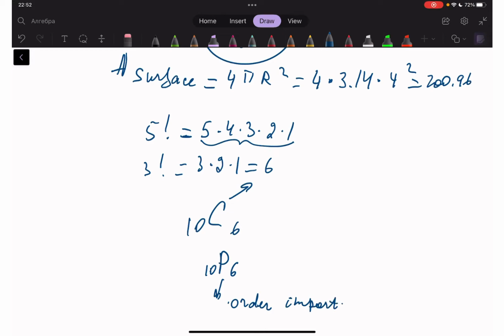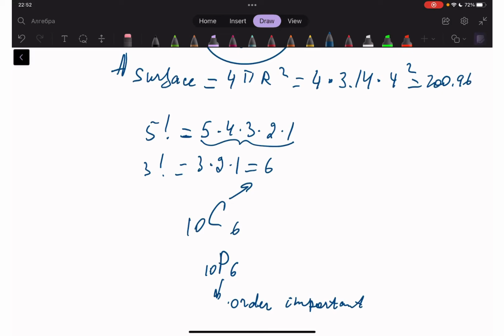Example, let's say prizes of a competition: first prize, second prize, third prize. Out of 100 participants, only 3 people are going to get a prize. So we have to choose 3 out of 100, and the order is important, right?